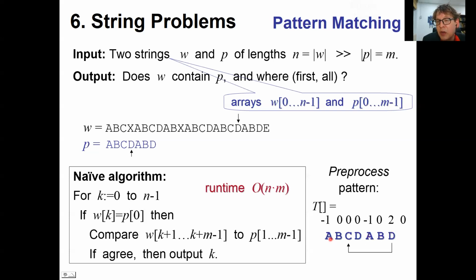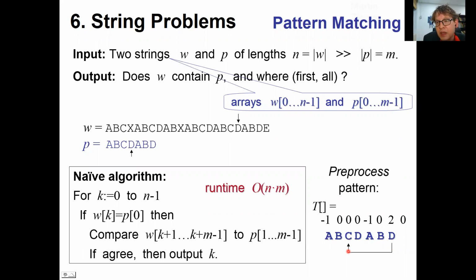We should not start over again in the pattern from this AB, but we can start over here, because we've already found that AB occurs in the search string, and only the third character was different. So we shouldn't start over in the pattern from here, but we can start over just from here. That's the improvement, and keep the position in the search string.